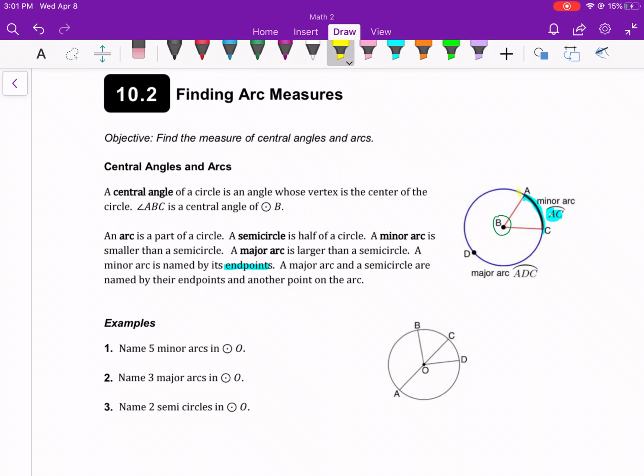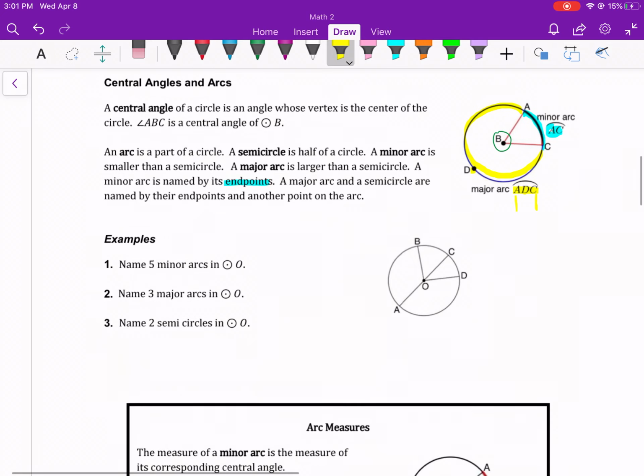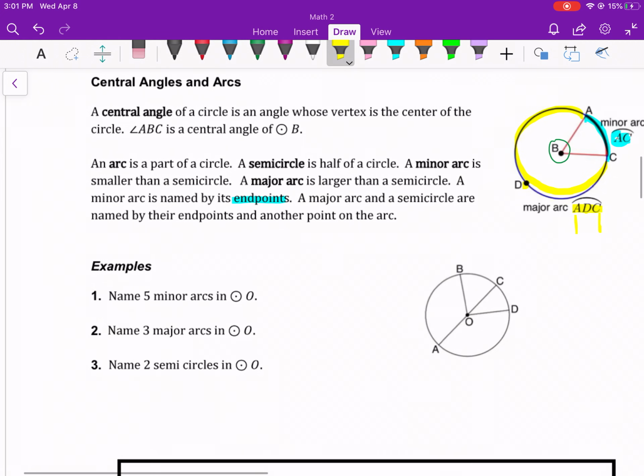Major arcs are bigger than a semicircle, like so. When you name major arcs, you have to make sure you have 3 points: 2 endpoints at the beginning and end, and a point in the middle that you name as well.